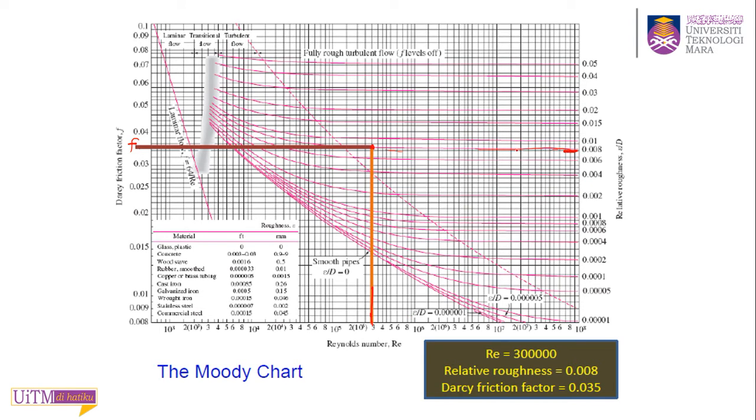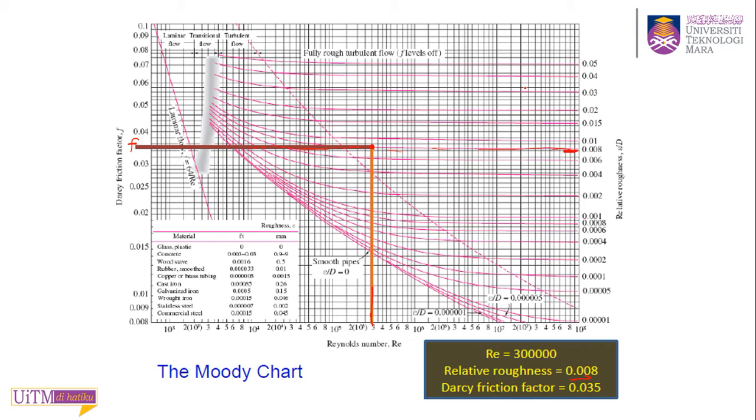here, and this purple line. You just follow the line, and this intersection you follow through until you get your friction factor. But what happens if your relative roughness is not a value with a line? You can see there are lines on this Moody chart.